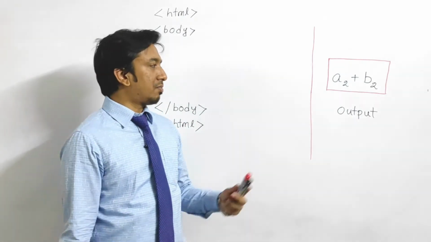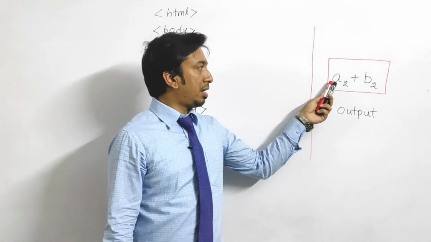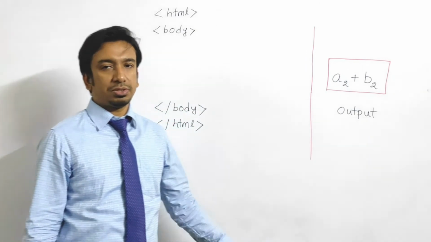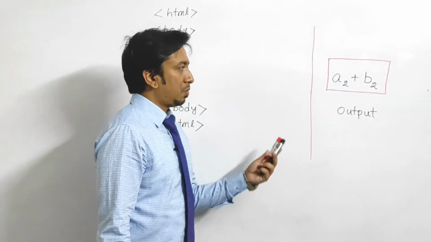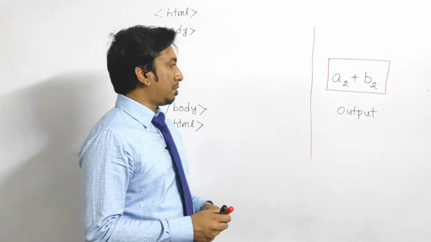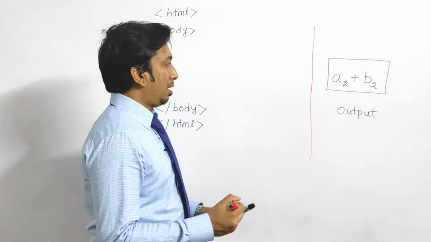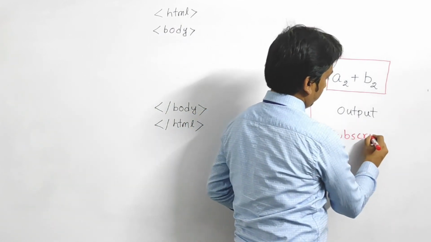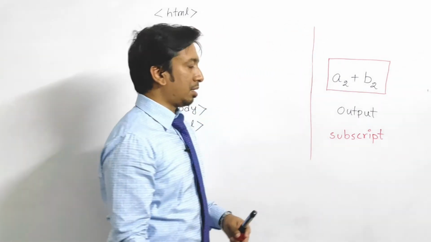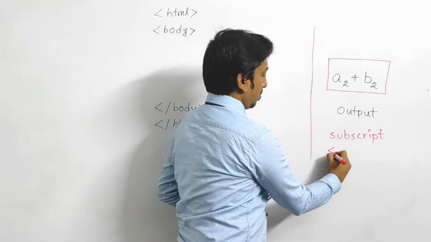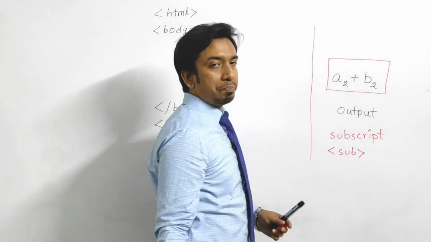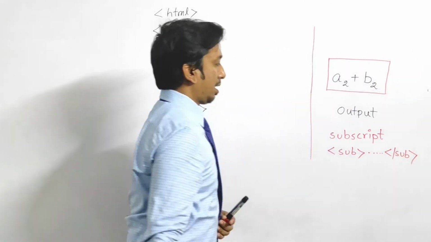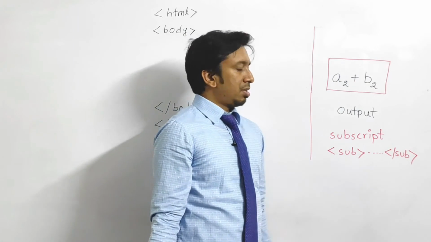So my dear students, you can see another example. Output here, we use a base position 2 plus b base position 2. So here 2 is the base position. Let's see how to write and show the output. But before starting our HTML, you have to know the tag to use for subscript. In HTML you have to use the sub tag, sub for subscript, and then close the tag. This one is the opening tag and this one is the closing tag, you know it.